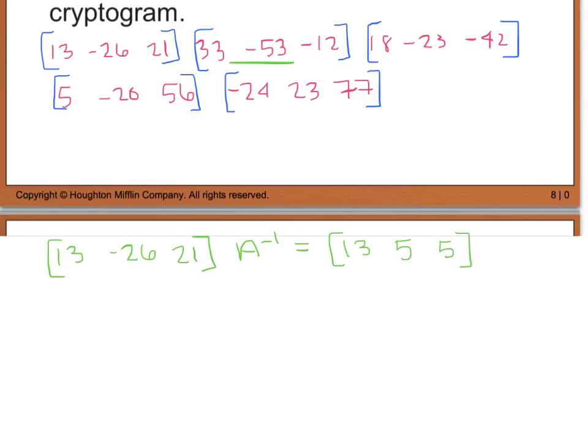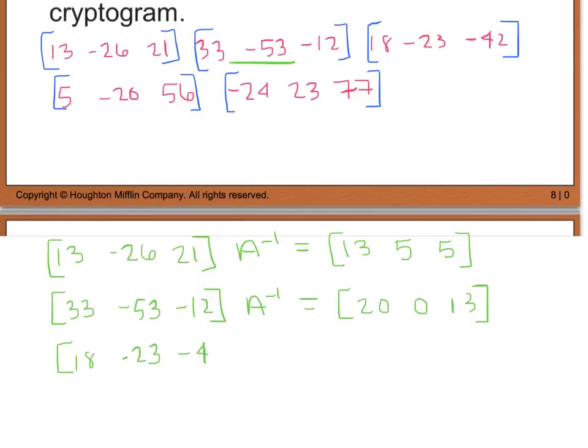Then I'm going to take the second matrix, 33, negative 53, and negative 12, multiply it by the inverse of A, and I get 20, 0, 13. I'll take the next 1 by 3, which is 18, negative 23, negative 42. Multiply it by the inverse of A to get 5, 0, and 13.